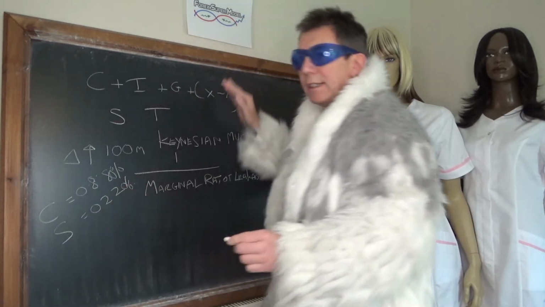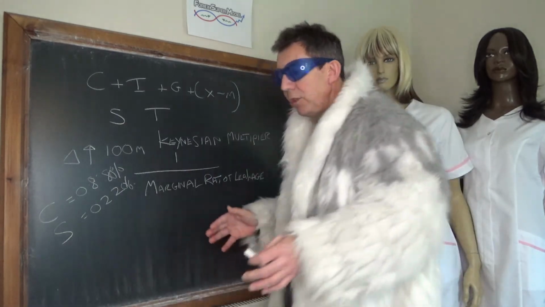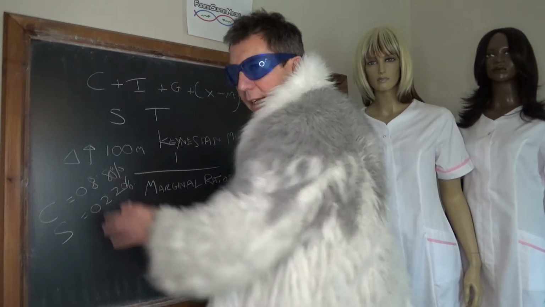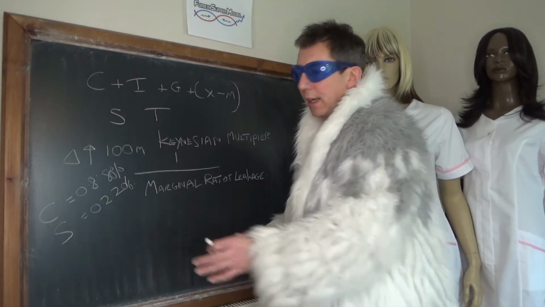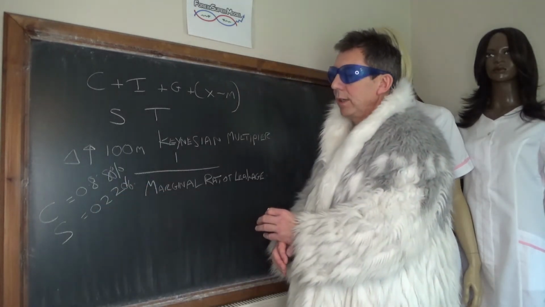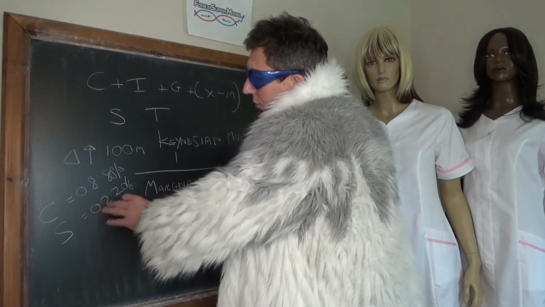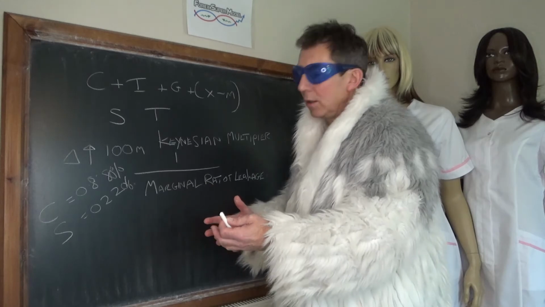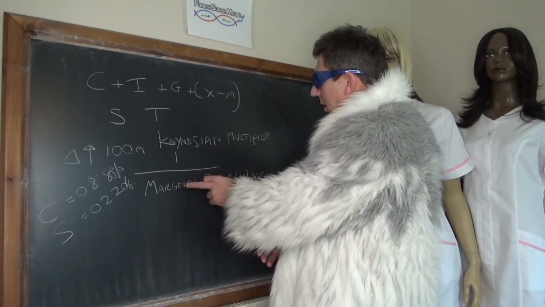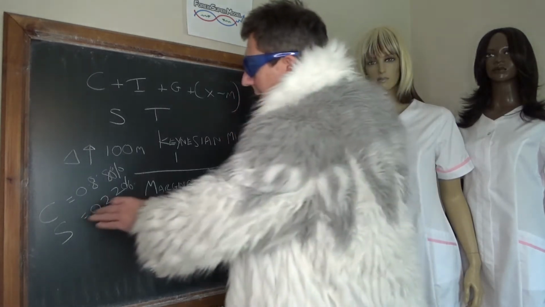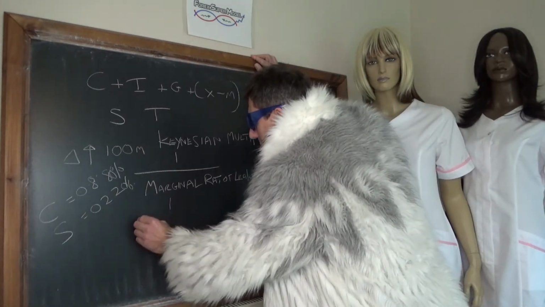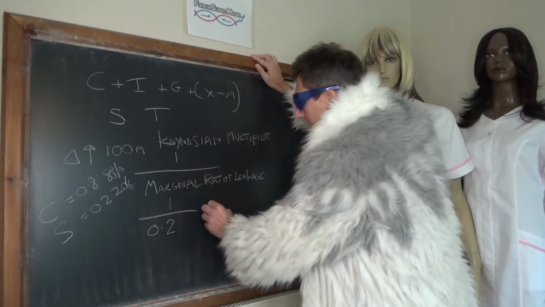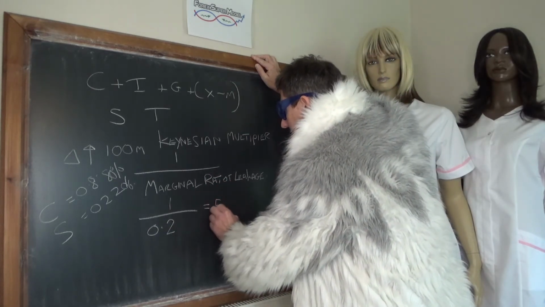So basically, if you give people an extra pound or dollar, they will spend 80 pence or cents of it, and they will save 20 cents of it. So 0.2 or 20% leaks from the system, and that is part of the marginal rate of leakage. So in this case, our multiplier will be 1 over 0.2, which equals 5.